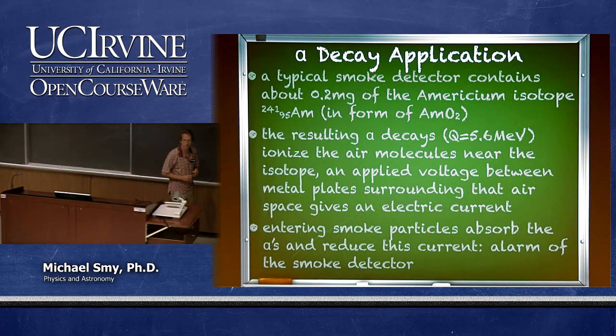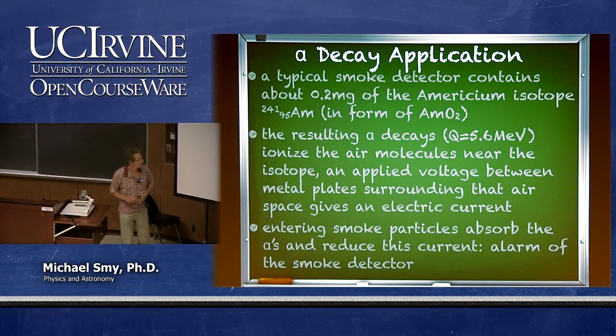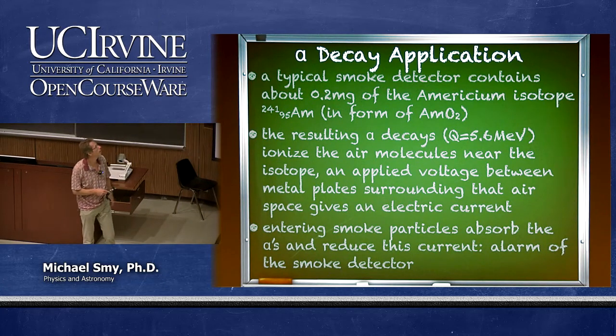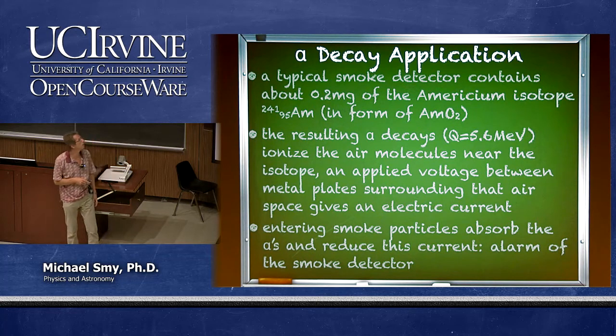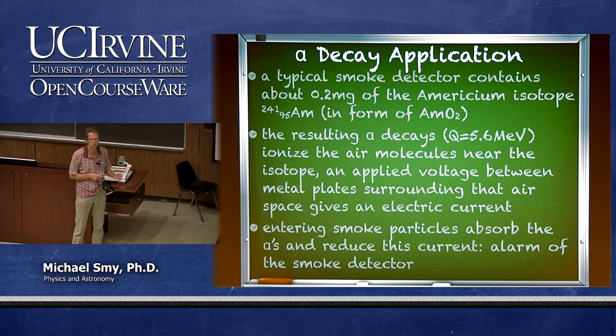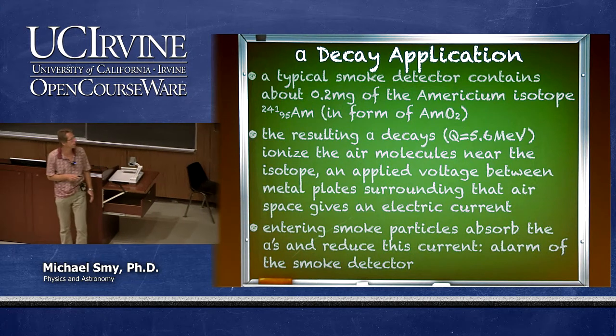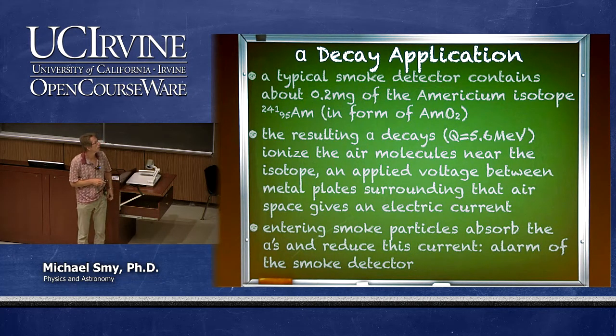There's actually an application to radioactive decays that you're probably very familiar with. And that is, your typical smoke detector contains about 0.2 milligrams of an americium isotope, this one, 241, in the form of americium dioxide. And it's an alpha emitter.